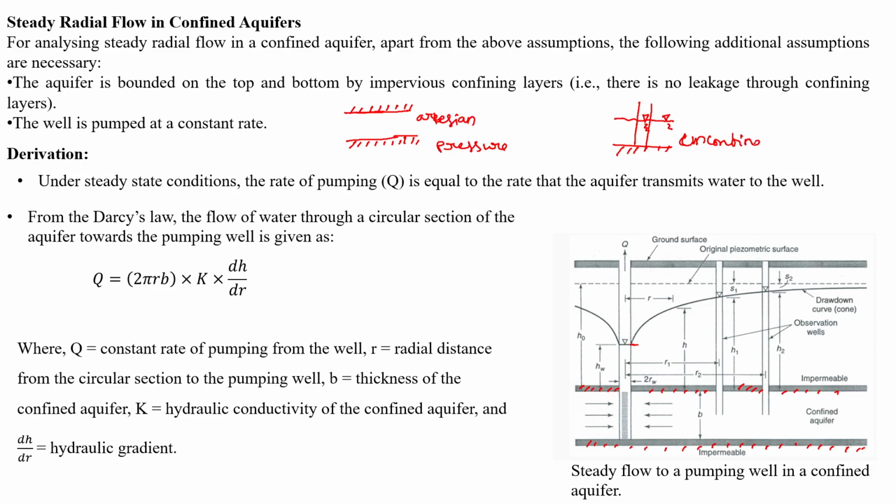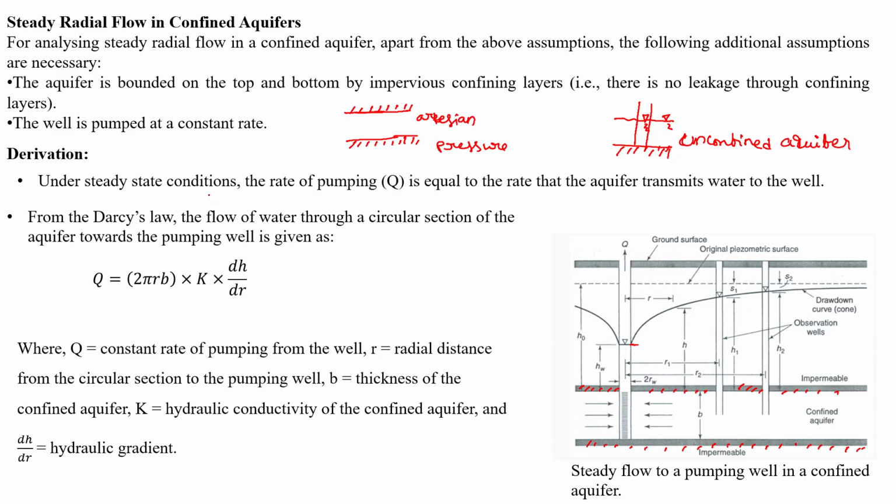So that is the difference. In a confined aquifer, the aquifer is confined from both sides and the water is under artesian pressure, whereas an unconfined aquifer is confined only from the bottom, and the water is under atmospheric pressure.